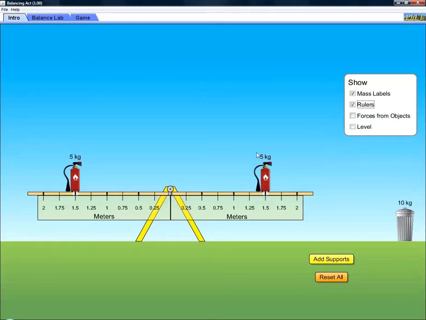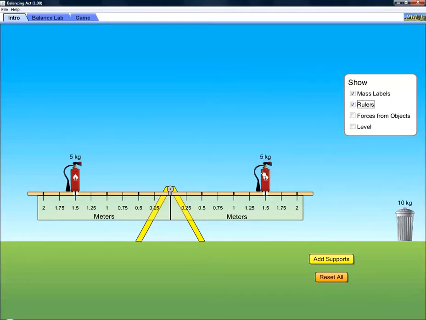Okay, it's because 5 kilograms in Earth's gravity, which is what? That's right, 10. One gravity is 10 newtons per kilogram.